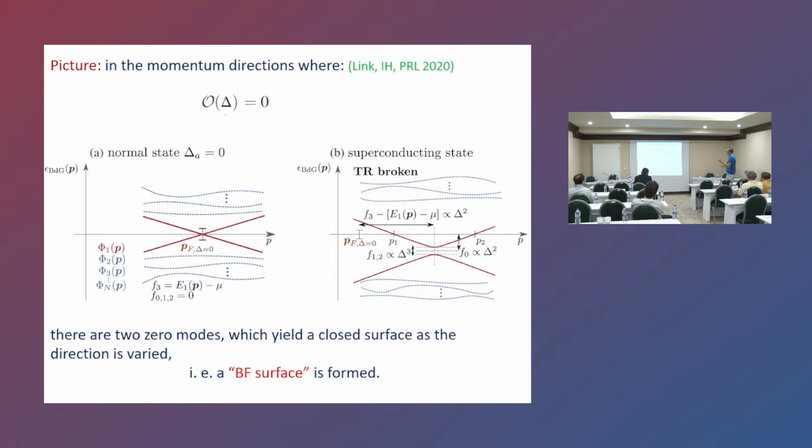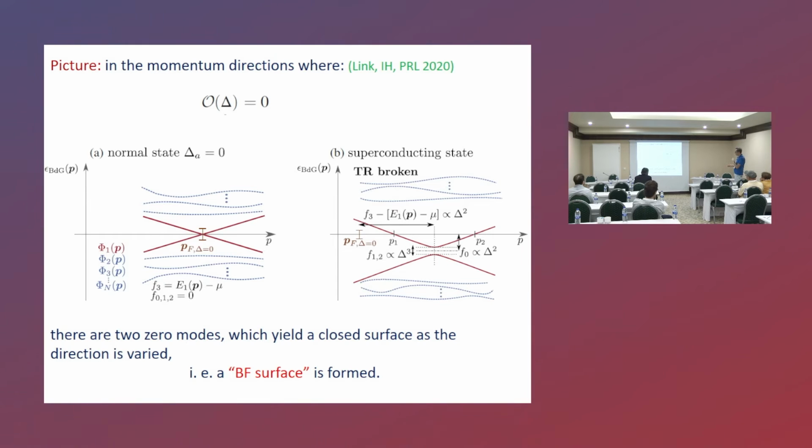So the picture that one should have in mind is this. I think this is exactly how one should think about this. Imagine I notice some direction where this leading term, direct pairing between the light states, is 0. So something where I would think I have a Dirac point, for example, or a part of some line. Now I look at that. In the normal state, the situation looks like this.